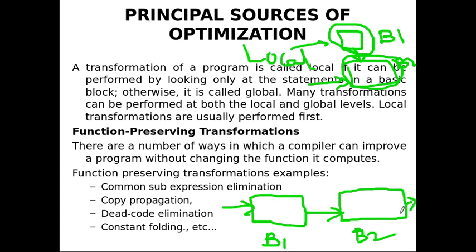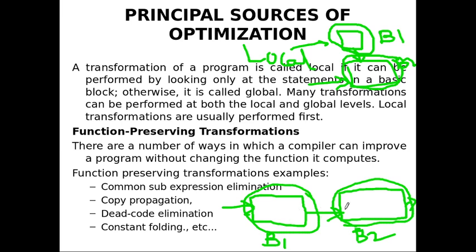When you are doing the optimization for this block only, that is local optimization. In the same way, when you are optimizing the statements or code or instructions under basic block 2 only, that is also local optimization.